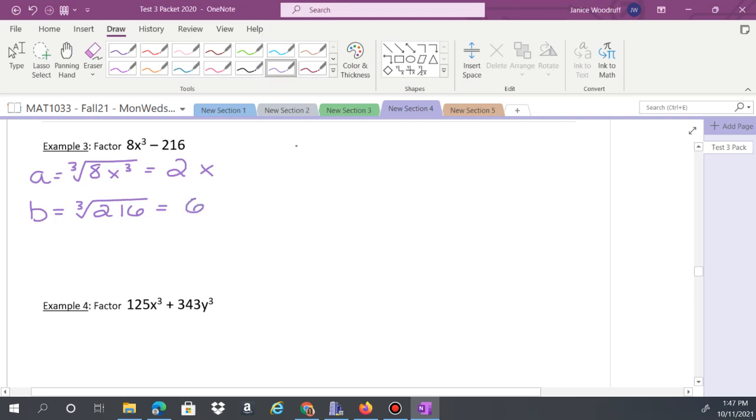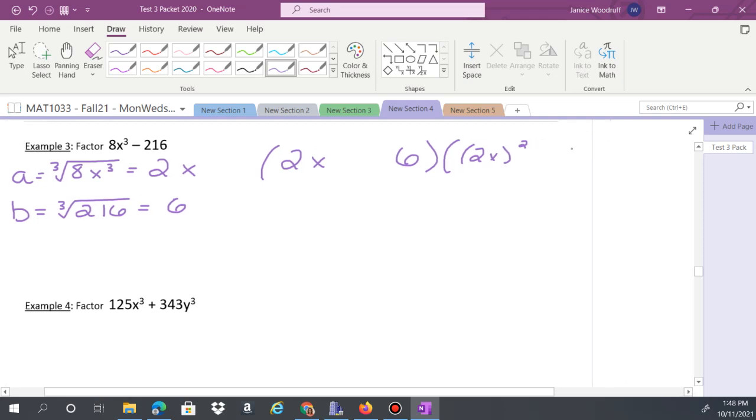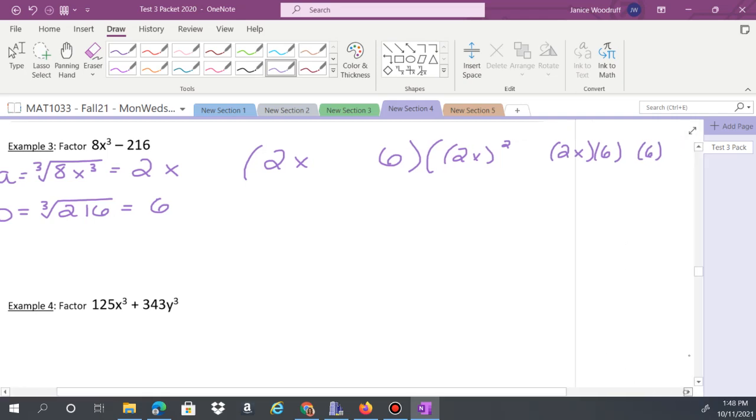All right, so in our parentheses, you have your a, and you have your b, and then it's a squared. So when you do a squared, you're going to have to do this, 2x, and then squared, like that, because we're going to have to fix it. And then ab, so then it's 2x times 6, and then b squared. I'm out of room. Like that. So 2x and 6.